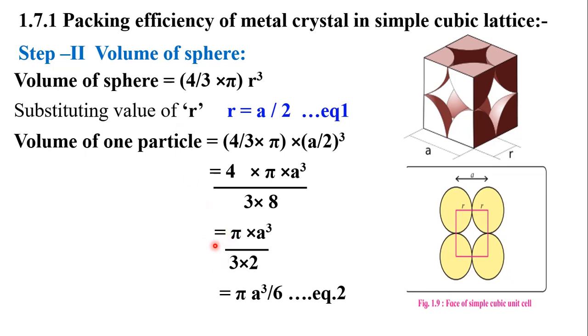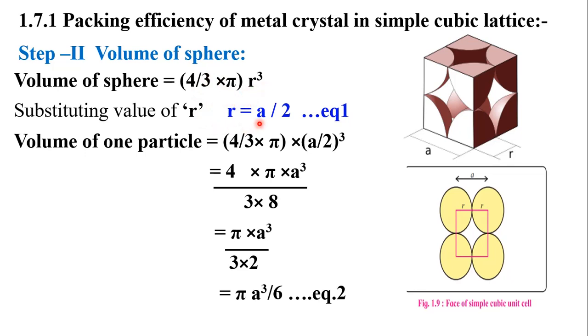If 3 particles or 4 particles are there, we have to multiply this quantity by 3 or 4, like this. So the volume of any sphere is equal to 4 by 3 pi r cube.